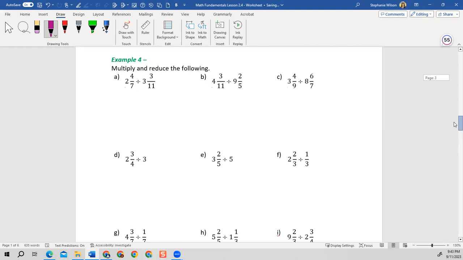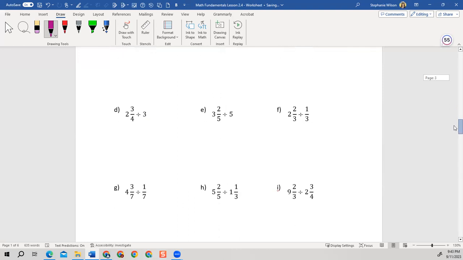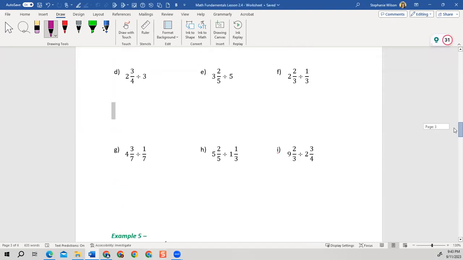Now let's do division of mixed numbers. So let's just find one. Let's do I. All right, let me scroll down just a little bit. There we go, right there. So I'm going to convert these to all improper fractions. The denominator is what does not change.